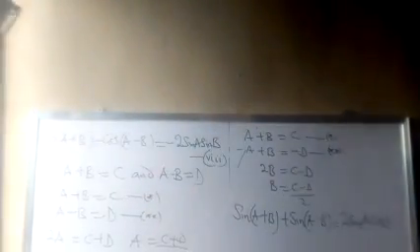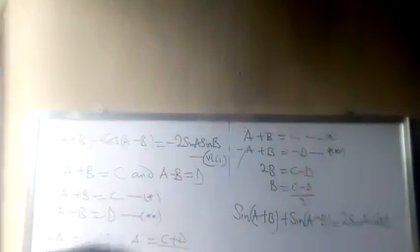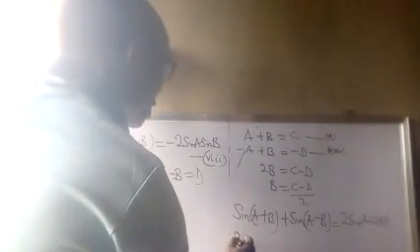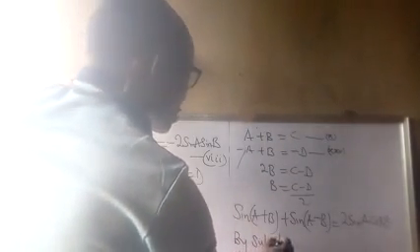We have it as 2 sine A cos B. Now by substitution, if you substitute the value of A and B as regards A plus B is equal to C, wherever you see A plus B, just put C there.